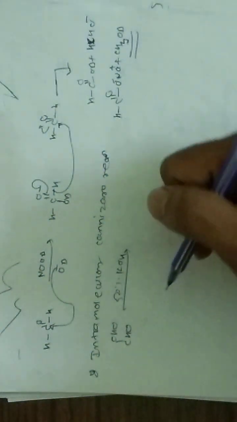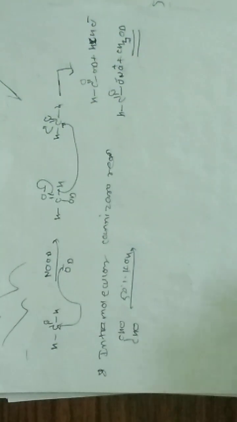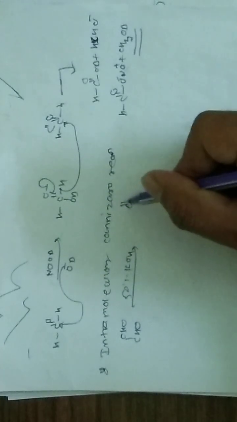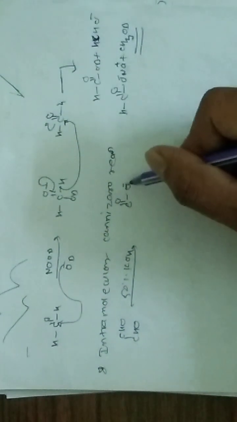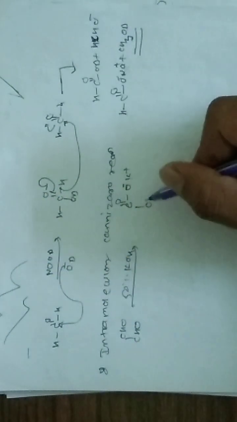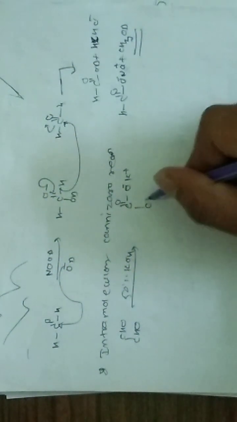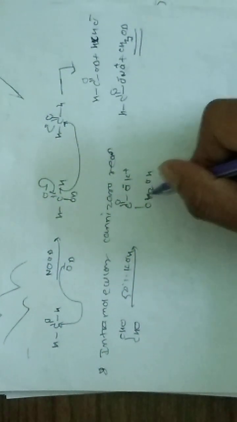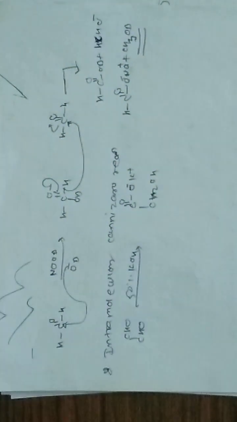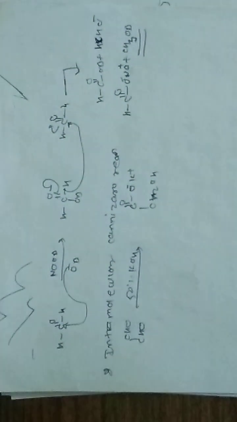Then what is happening? You can directly write it by the direct method. Oxidation of that C double bond O gives O minus, and we make the salt of that acid, so K plus. Here is the reduction of the other carbonyl group, giving CH2OH. This is the product. This is intramolecular because both oxidation and reduction are happening in the same molecule.